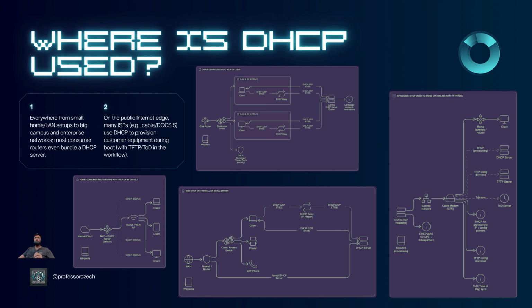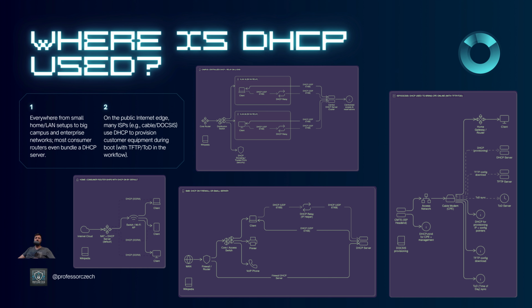Out at the internet edge, ISPs use DHCP as part of the DOCSIS boot ritual. Your cable modem wakes up like an Xbox loading a game. First, a DHCP request to grab a temporary IP and pointers to the TFTP config and time of day server.